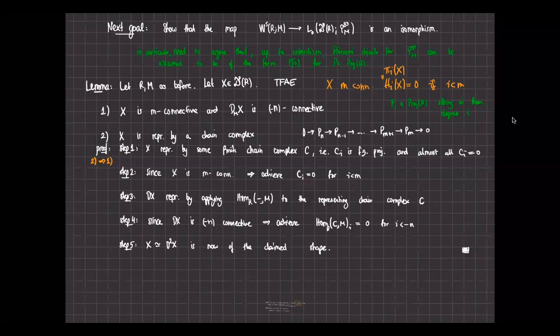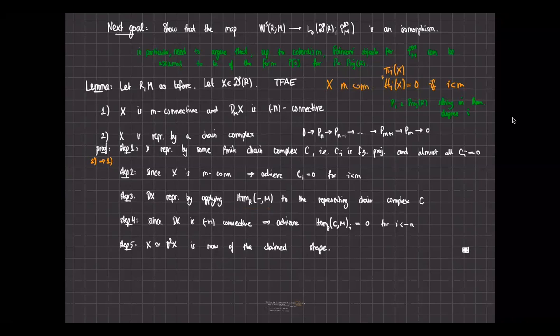And then you use that everything was projective, and you can just cut off the terms that are below degree m. Then you use that the dual of X is represented by, well, take your particular chain complex you had and just apply Hom R blank R to it everywhere, because the chain complex consisted of finitely generated projectives.